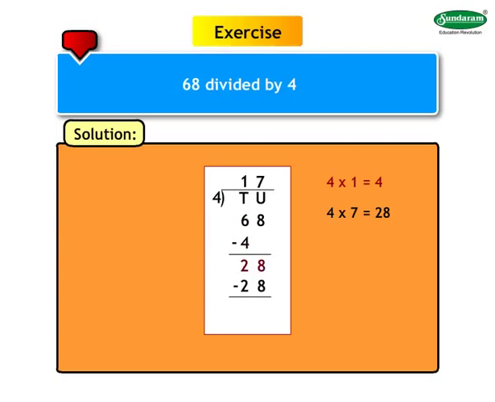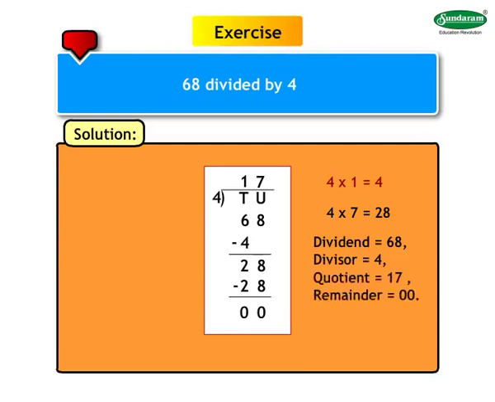As 28 minus 28 is equal to 0, we get our remainder as 0. Hence, the quotient is 17 and the remainder is 0. Thus, the dividend is 68, divisor is 4, quotient is 17 and the remainder is 0.